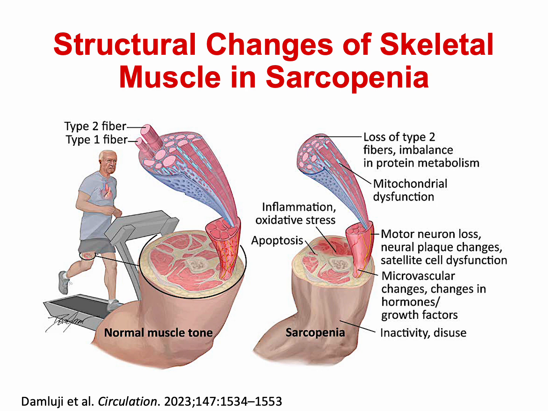Now, we are ready to discuss some of the major mechanisms of sarcopenia, or the structural changes of skeletal muscle in sarcopenia. First, the size and cross-sectional area of muscle fibers decrease with aging. And interestingly, the percentage and size of type 2 fast twitch muscle fibers are mainly decreased, and these type 2 fibers are mainly responsible for generating high force and power.